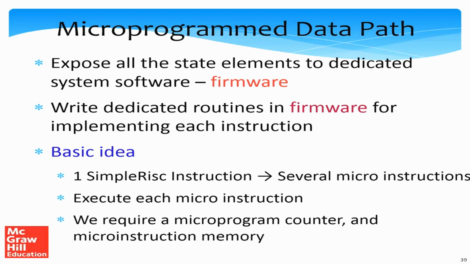What we do is expose all the state elements inside a processor to system software. This is also known as firmware, where we can write dedicated routines in firmware, which basically means the part of the system software that very intricately controls the behavior of hardware. This can be done for implementing each instruction.